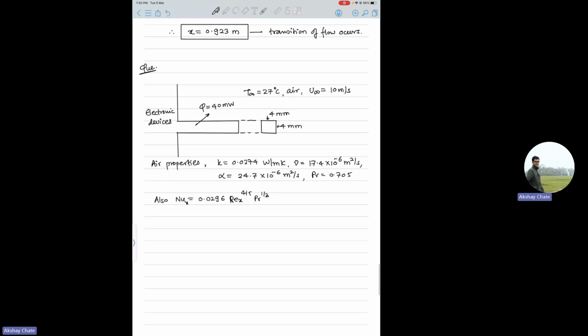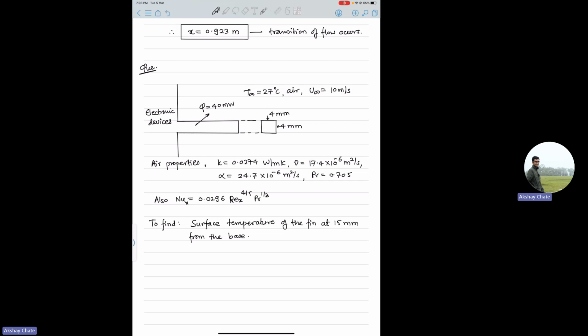Now we need to find the surface temperature of the fin at 15 mm from the base.